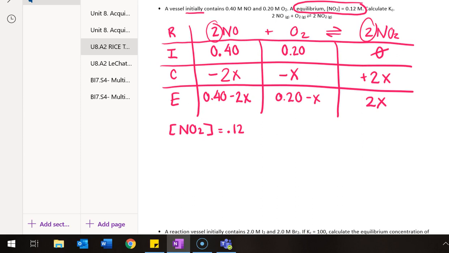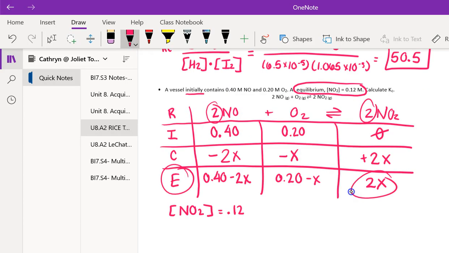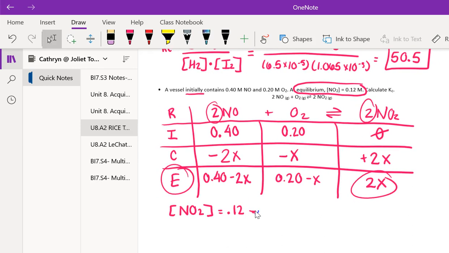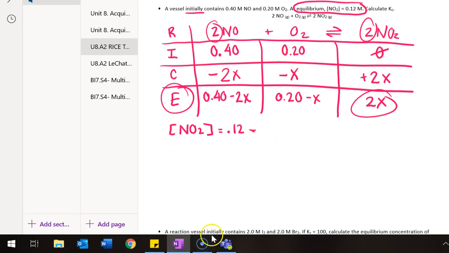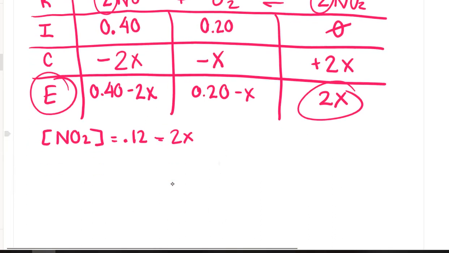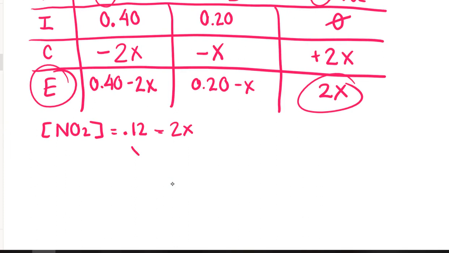And I also know that at equilibrium, it's going to be equal to 2x. So I can solve for x, divide both sides by 2, and x is going to be equal to 0.06. So now that I know the change in concentration, I can now solve for the molar concentration of each reactant at equilibrium.